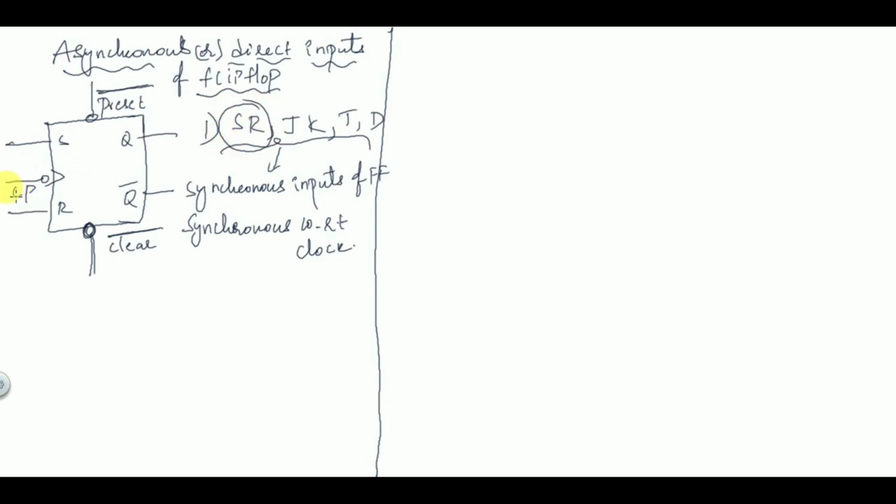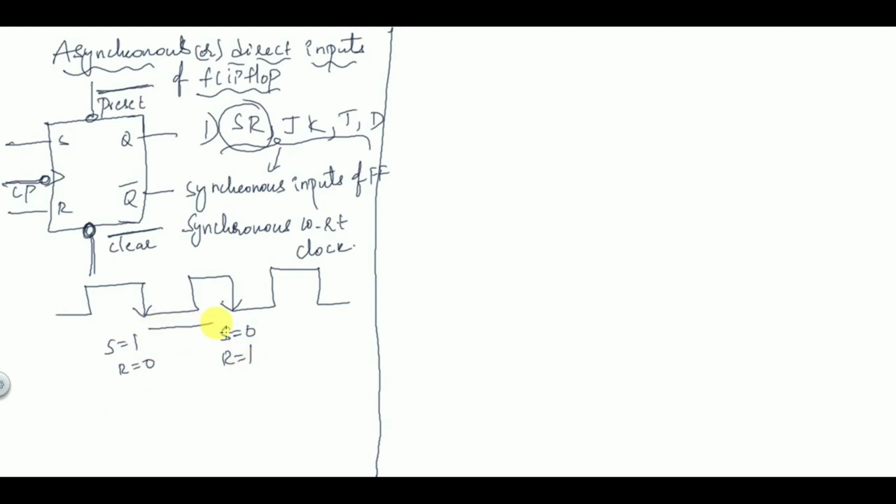Suppose it is a negative edge triggered flip-flop. At this negative edge triggering, you are given S is equal to 1 and R is equal to 0. That is setting, and at the next negative edge only you can change the input to S is equal to 0 and R is equal to 1.